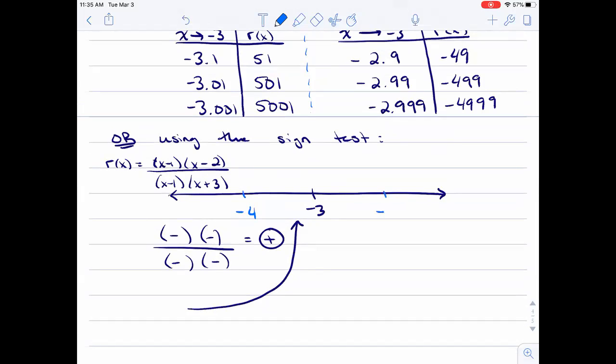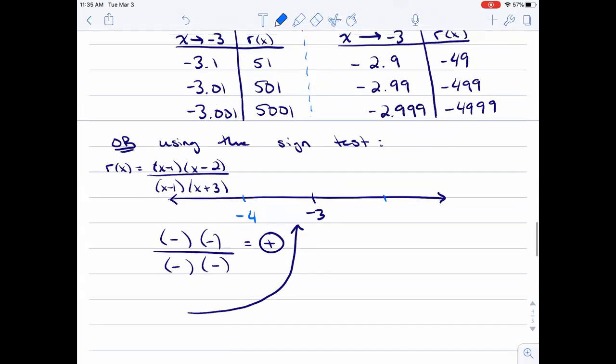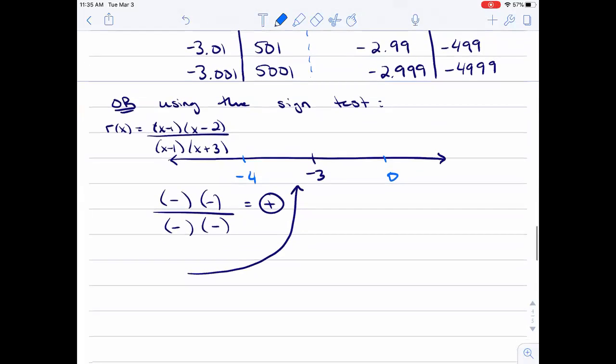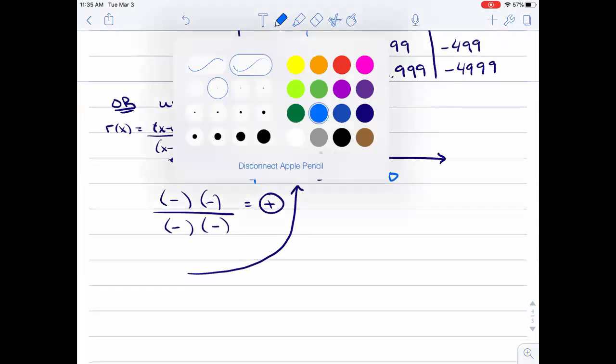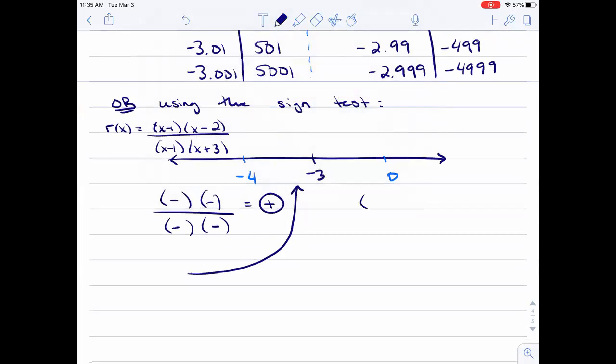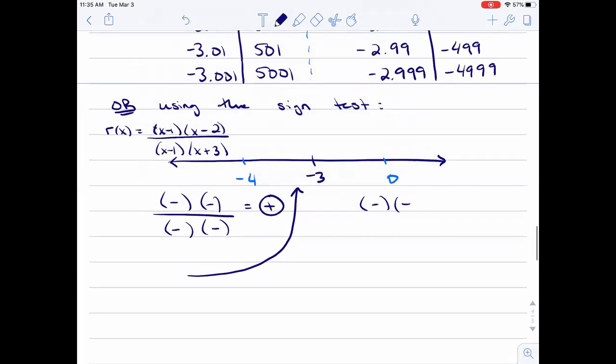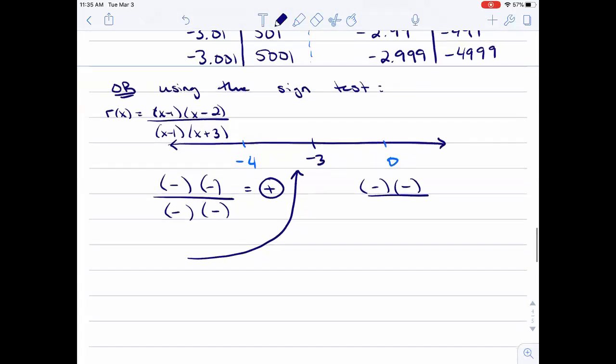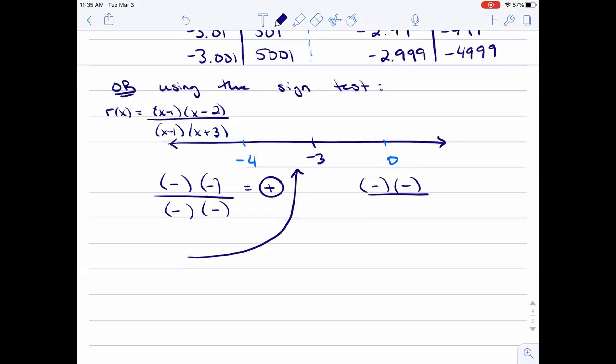Let's make it easy and do 0, which is to the right of -3. 0 minus 1 is negative. 0 minus 2 is negative. 0 minus 1 is negative.